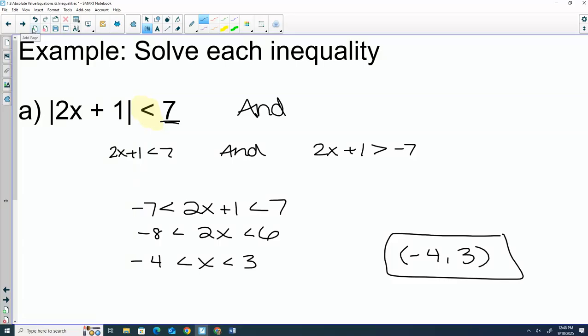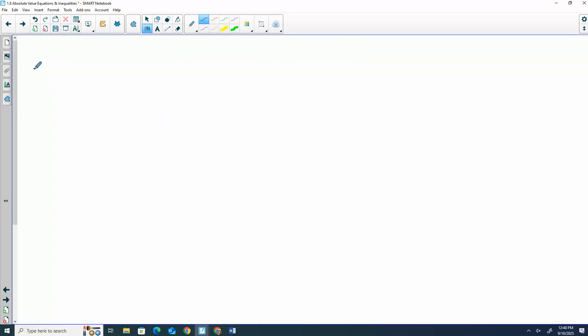If I said the absolute value of 3x plus 4 is greater than 5. Let's do greater than or equal to. Okay, when I look at this, greater than or equal to, what does that tell me?